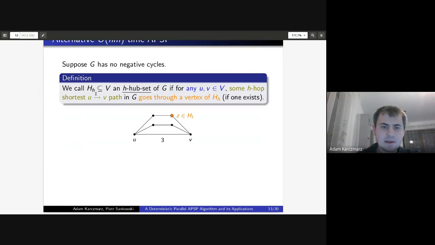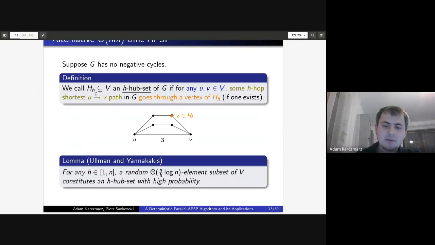And with this definition, the hub set is only required to hit one of these. The edges without labels are assumed to have weight 1. And in this example, the hub set is only required to hit one of those two 3-hop paths. So we do not care about shortest paths with not too many hops.